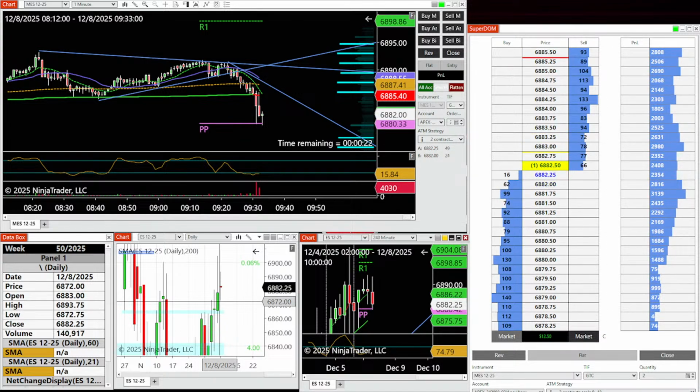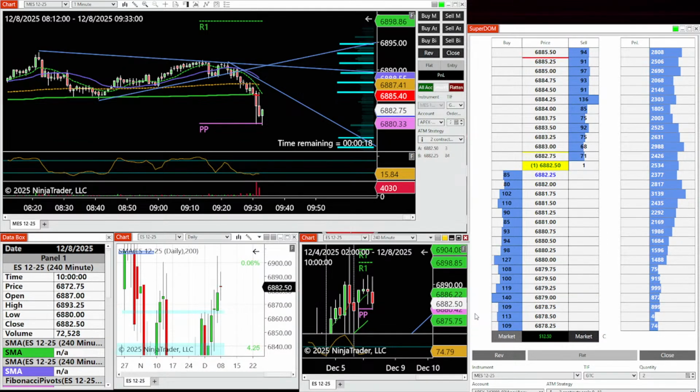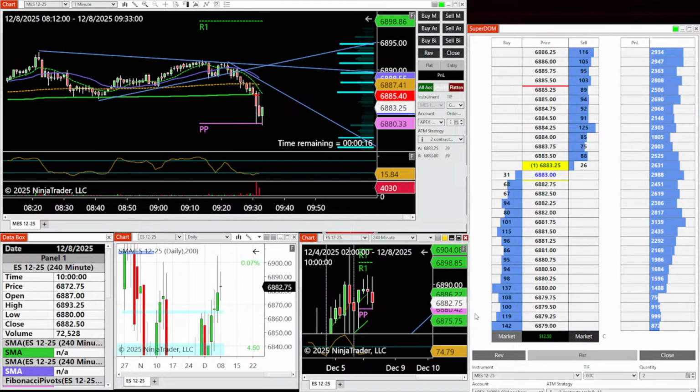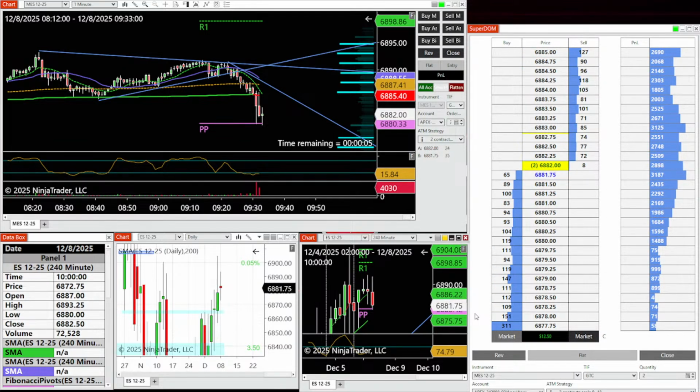This open is 83. So let's see where this market wants to go. Try to give it some direction. Let it show itself.